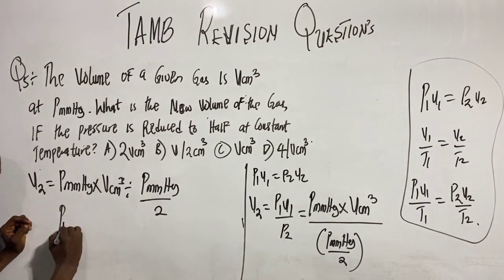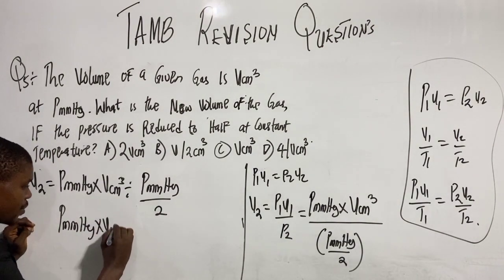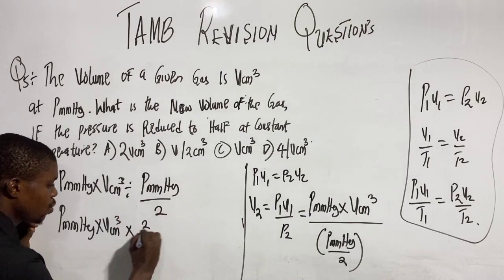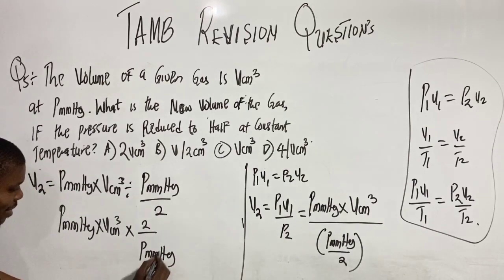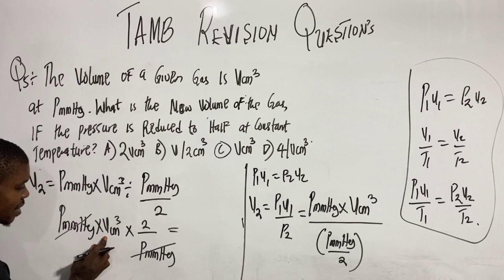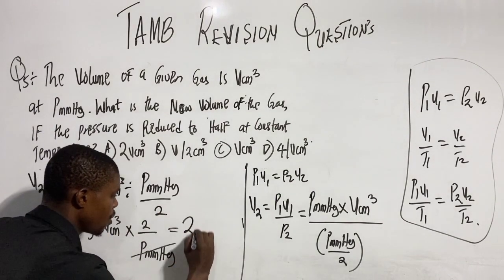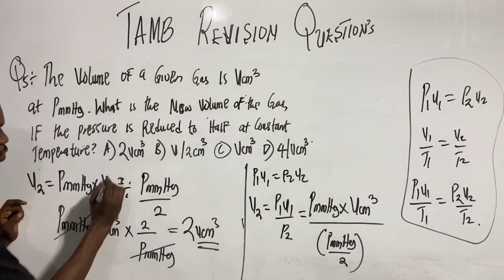So we have P millimeter mercury times V cm cube times 2 over P millimeter mercury. The P millimeter mercury cancels out, so the answer is V cm cube times 2, which is 2V cm cube. The answer is A.